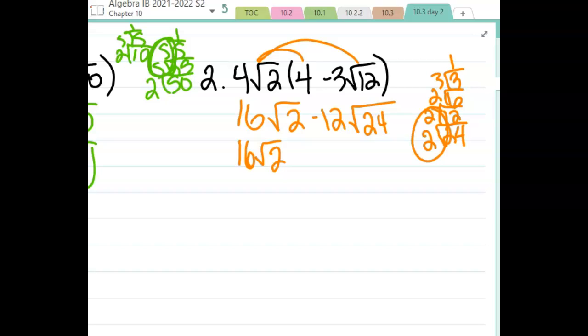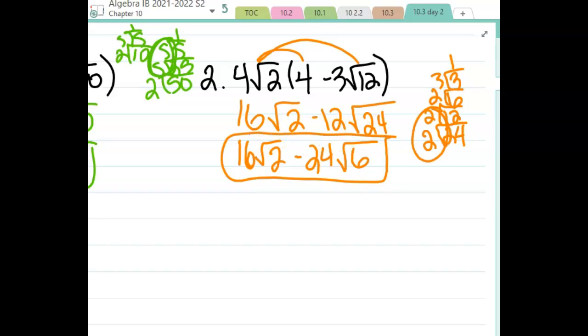So negative 12 times 2 is negative 24. And on the inside, I'm left with a 3 and a 2, so 3 times 2 gives me 6. They're both simplified completely, but not like radicals, because one is the square root of 2 and one is the square root of 6. So we can't combine those together.